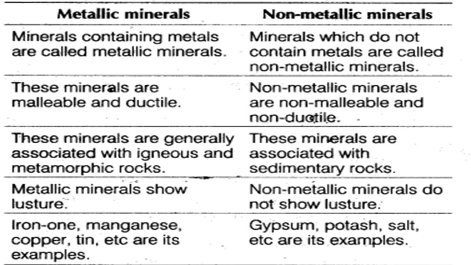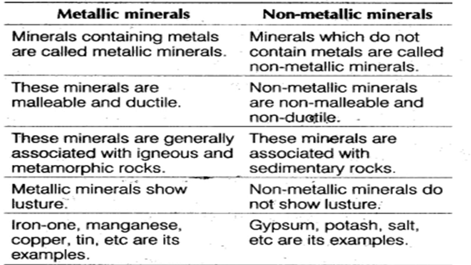Now, let us quickly revise the difference between metallic minerals and non-metallic minerals. Well, metallic minerals contain metals and thus have a shine of their own, whereas non-metallic minerals do not contain metals and thus have a dull appearance.